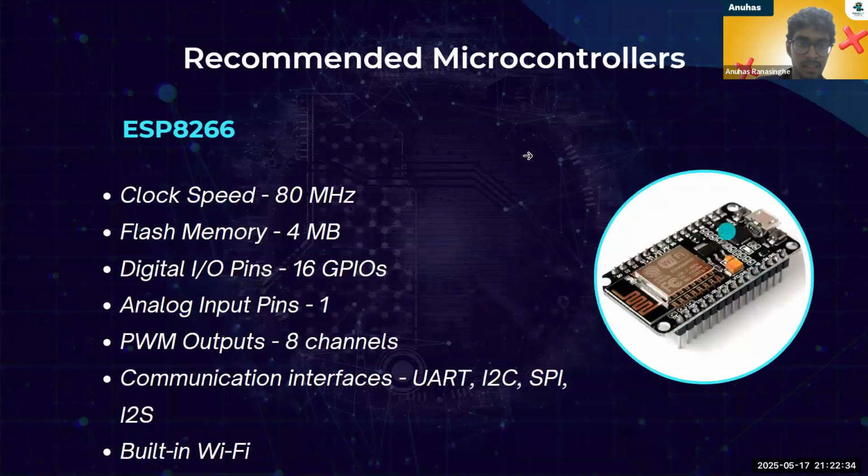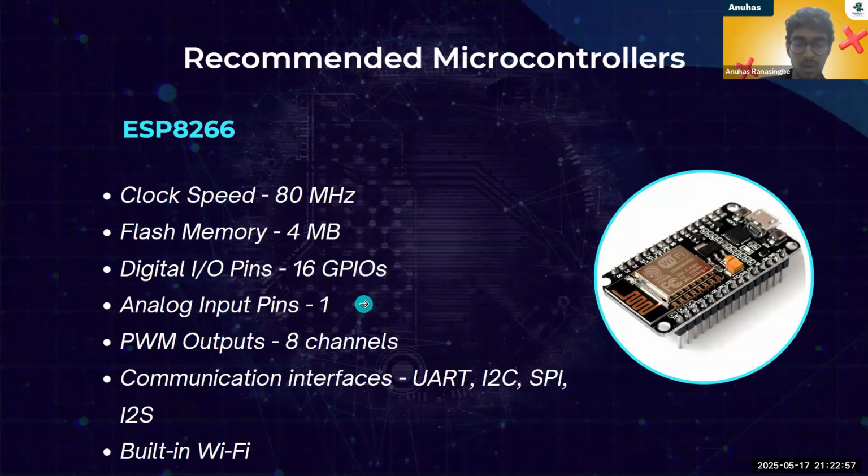And then another one is the ESP8266 microcontroller, and it has some more capabilities than the STM32 F0 and the Atmega 328P. The clock speed is a little bit higher, and it has 16 digital pins, but the downside is it has only one analog pin.